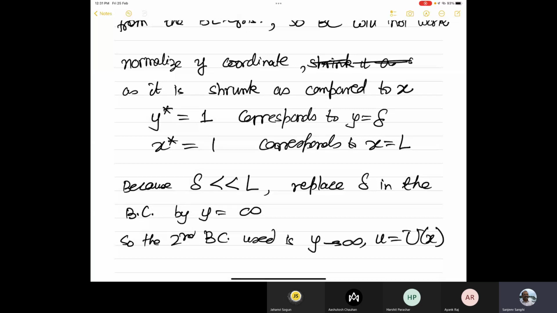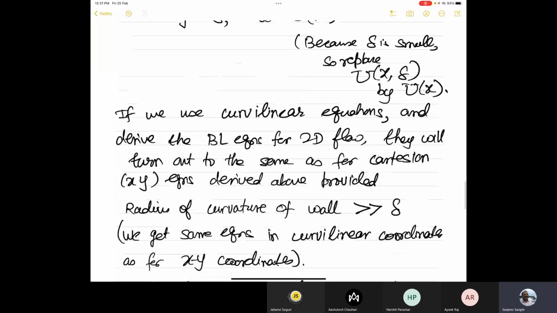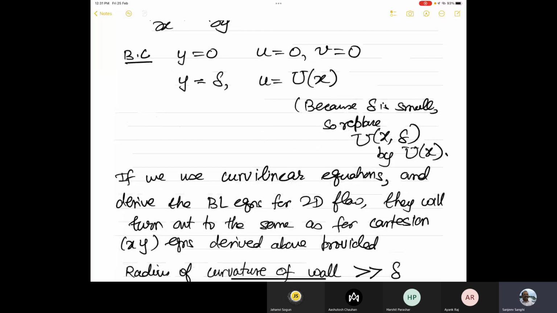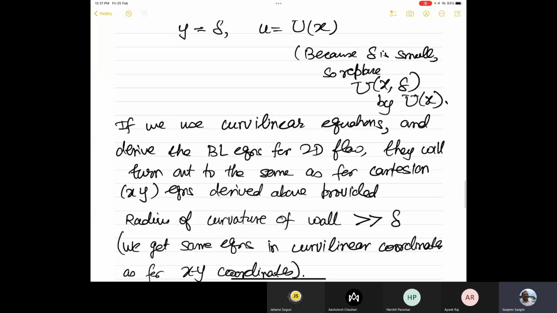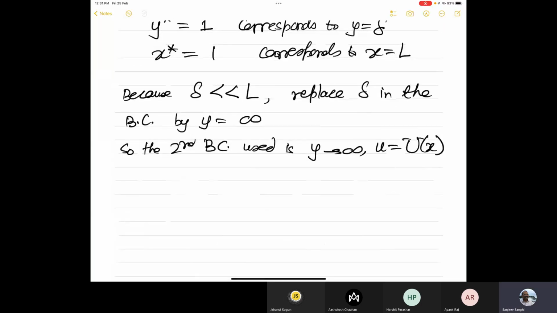And you will also realize there is an apparent conflict, because on one side we are saying delta is small, so we replace u by capital U of x. And then instead of saying delta, we replace this delta by infinity in the boundary condition. But this is all a part of how asymptotic analyses are done.